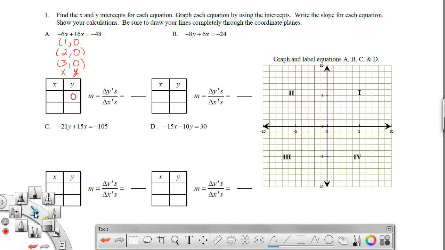So let me go ahead and erase what I've got there, and we'll go ahead and find it for part A and then go ahead and graph it. So if y is going to be 0, there's my y, so this equation becomes 6 times 0 plus 16x minus 40, or equals a negative 48.